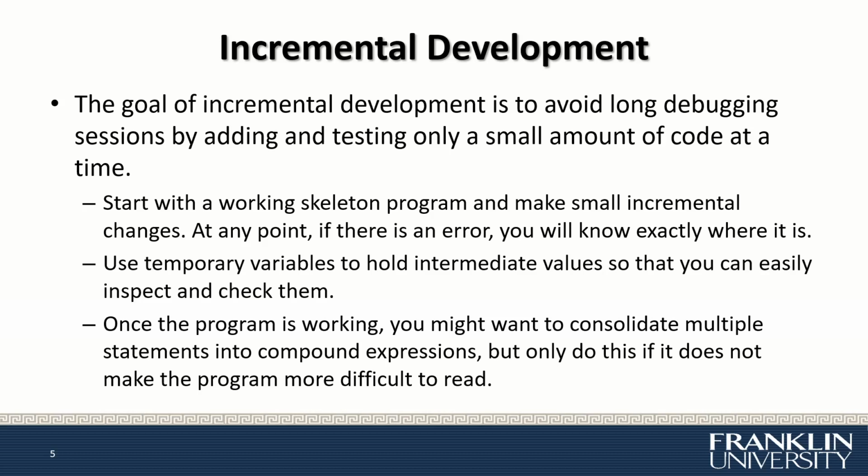You start with a working skeleton program and make small incremental changes. For example, write 2 or 3 lines of code and test that. At any point, if there is an error, you know exactly where it is. It will make the problem much easier to track down.